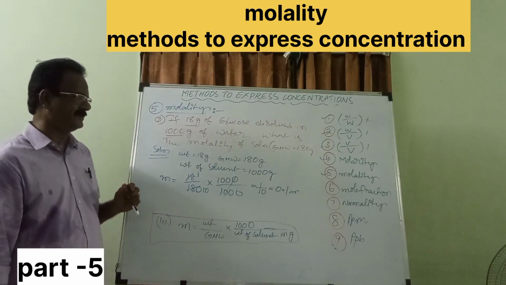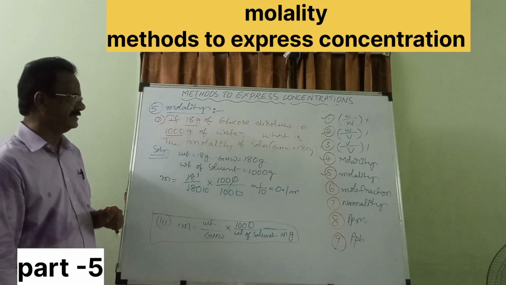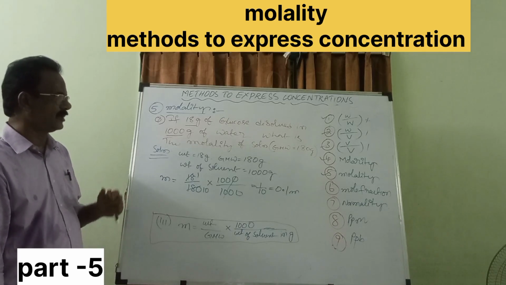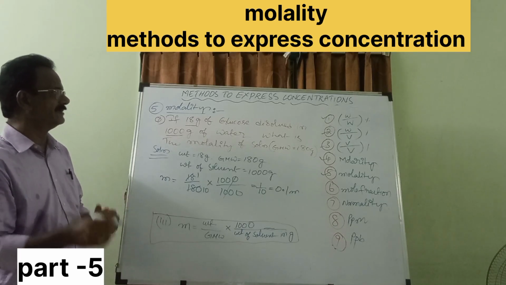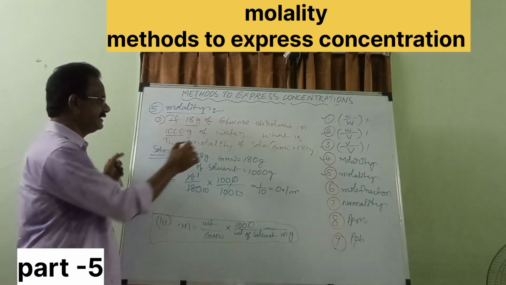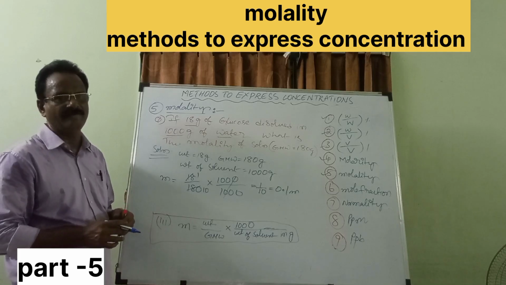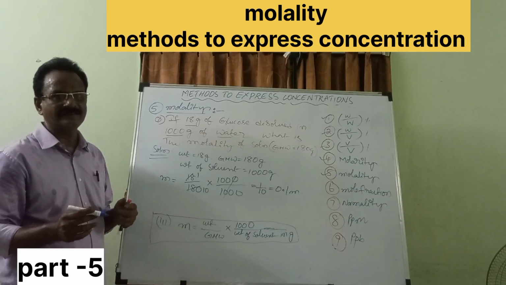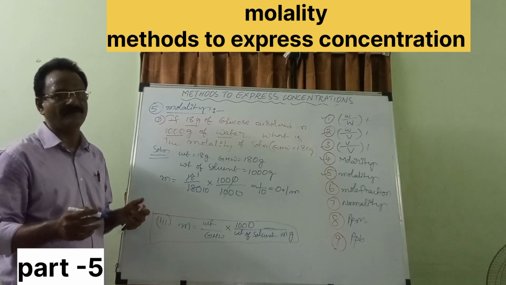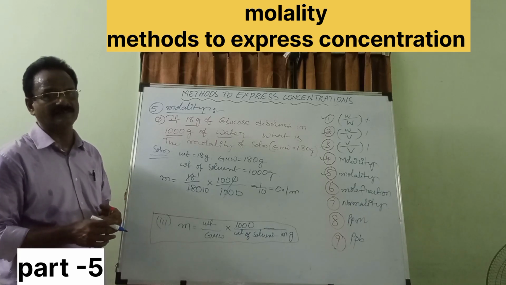In such a way we have to consider. But the one important thing is we have to check in the problem what they have given. If they have given the weight of solvent directly, we can substitute in this formula. Otherwise, we have to subtract the value, the weight, and then you have to get the answer.